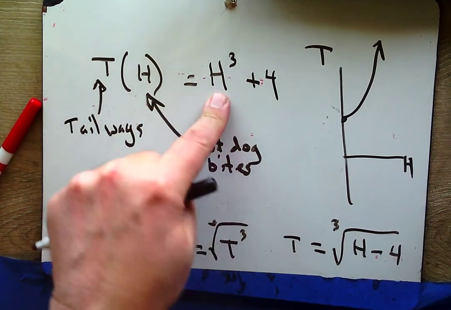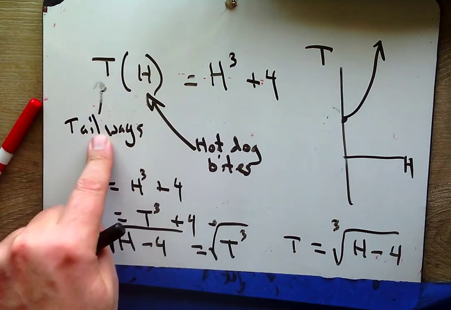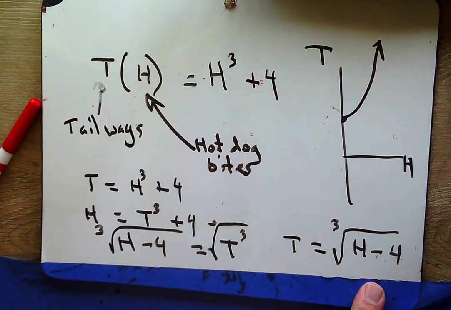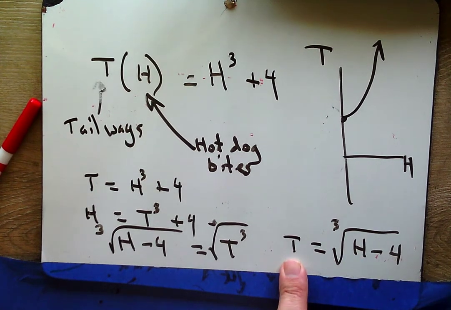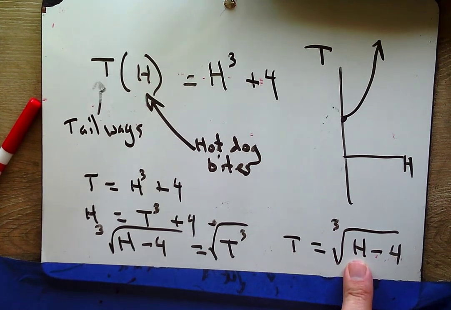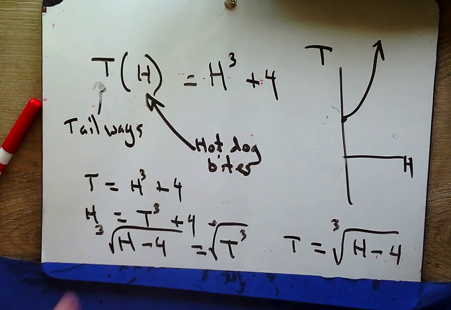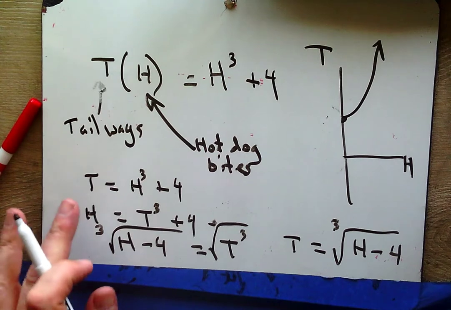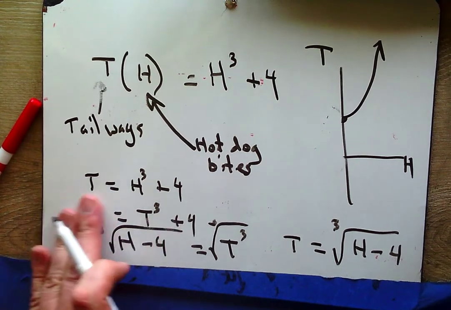If the input here is hot dog bites and the output is tail wags, the inverse should be: the input is tail wags and the output is hot dog bites. That letter does not fire in my brain as hot dog bites. That letter definitely does not shoot off neurons in my brain that say tail wags. Not at all. So we did a wrong thing, and that wrong thing was we switched the variables.